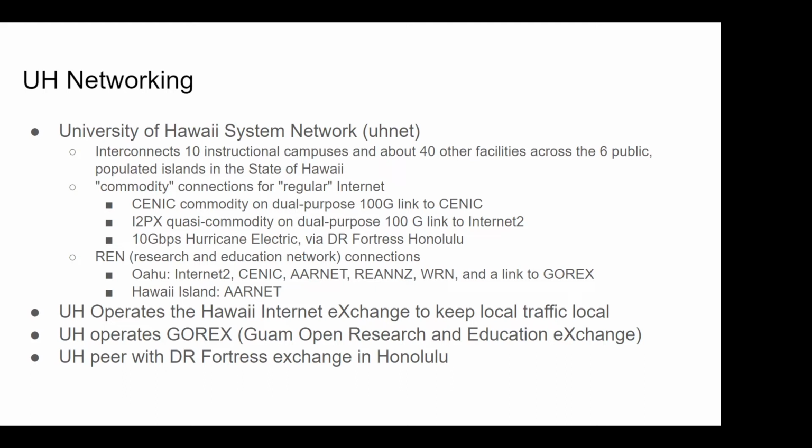Research and education networks, there are maps coming, so you don't really have to get it all from the slides. You have to endure the 1,000 words to see the picture. So on Oahu, we have peerings with Internet2, CENIC on the REN side, AARNet, which is the national REN of Australia, REANNZ, which is the national REN of New Zealand, the Western Research Network, which is on the continental US, an interconnection REN, and a link to GOREX, which is the Guam Open Research and Education Exchange in Guam.